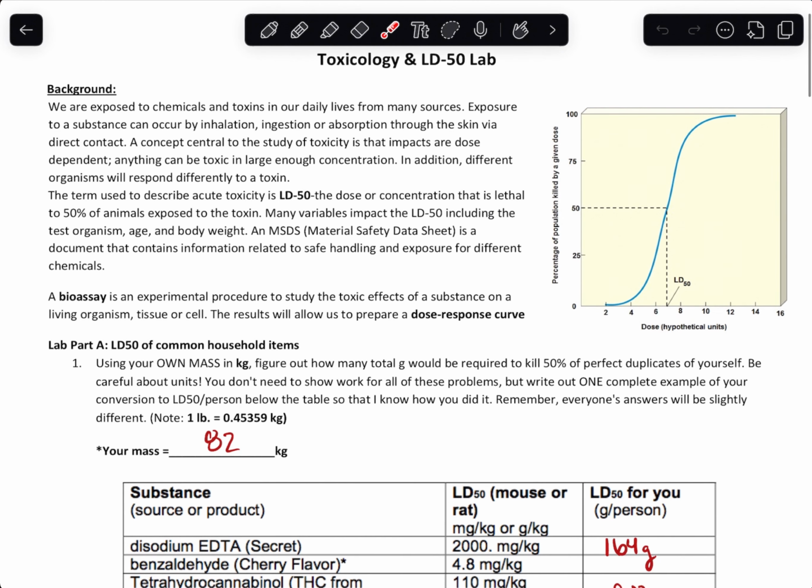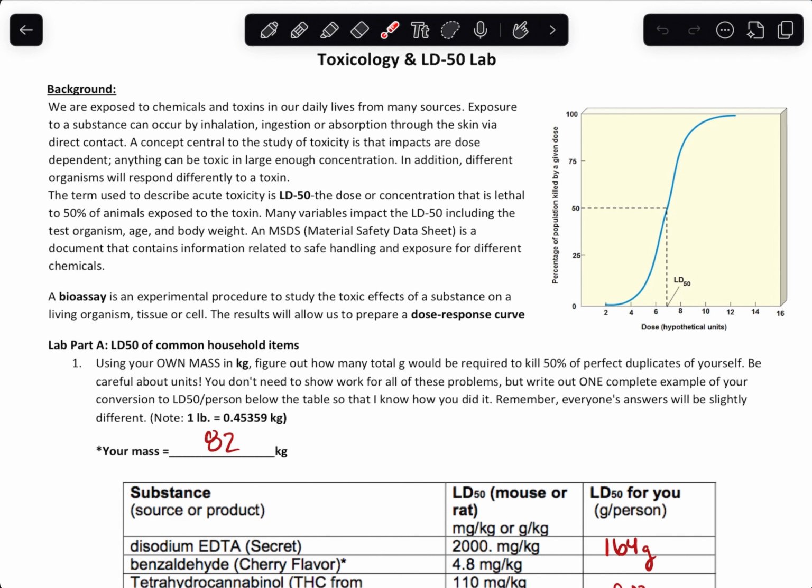So LD50 is a parameter that anything that is man-made, and even some natural things, must get tested for what is called the lethal dose.